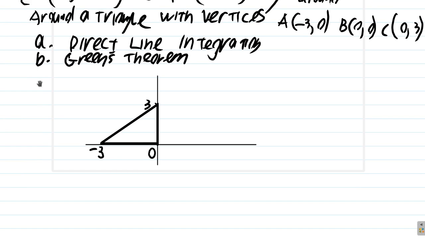Now, what we do, we go around the triangle in what is called a positive orientation, that's clockwise. If you walk around the region, you have the inside of it on your left. All right? When we reach Green's theorem, we're going to do that. Now, here, A is here, B is here, C is here.